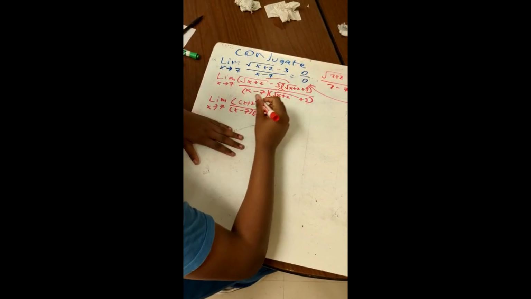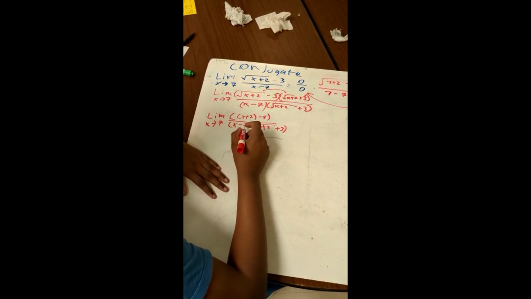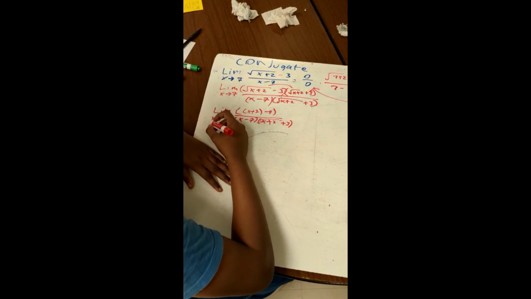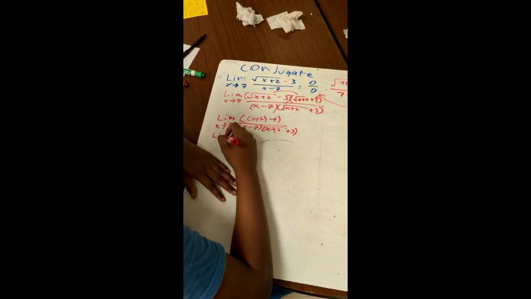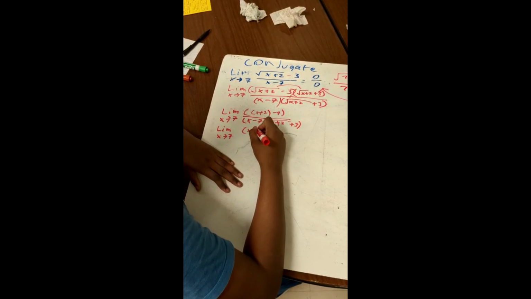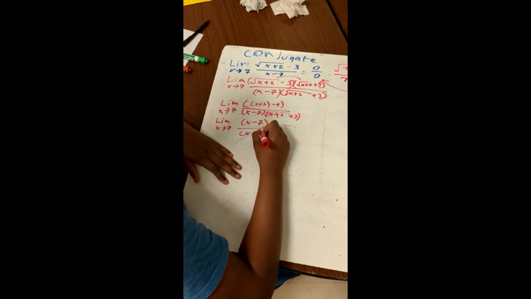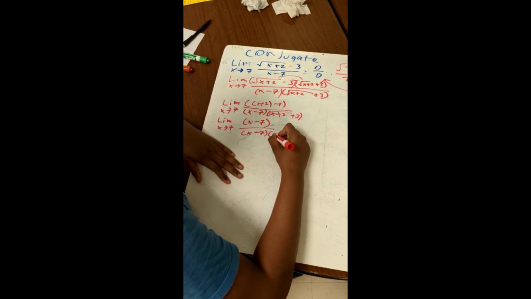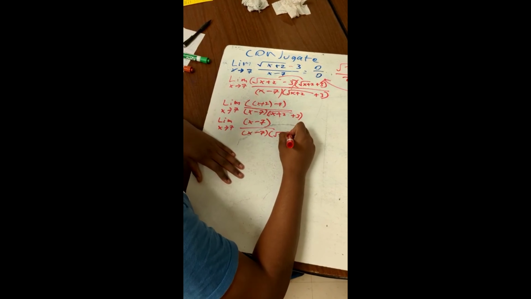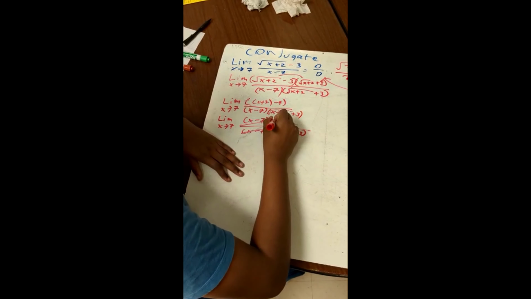And then as you can see, since we didn't factor this out, it would be easier to just cancel out. So the limit as x goes to 7 of x minus 7 over x minus 7 times the square root of x plus 2 plus 3. And since we have that, we can just cancel out the x minus 7.